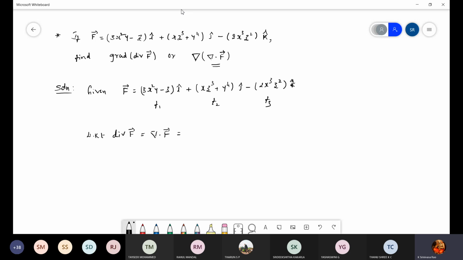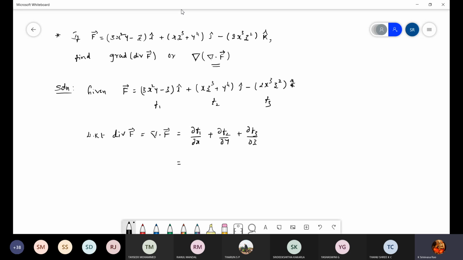Del dot f equals, we know the formula, dou f1 by dou x plus dou f2 by dou y plus dou f3 by dou z. Without i j k, because it is a dot product, the i j k vanishes and you will get a scalar.